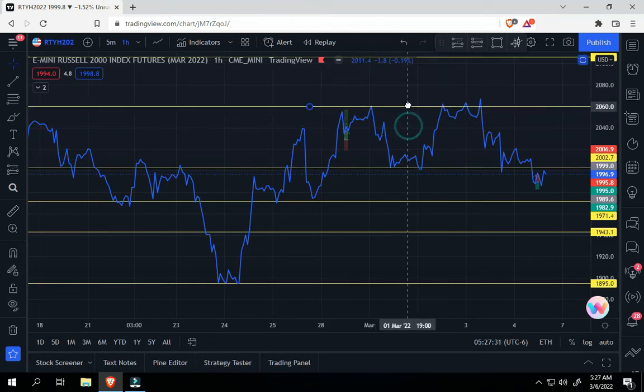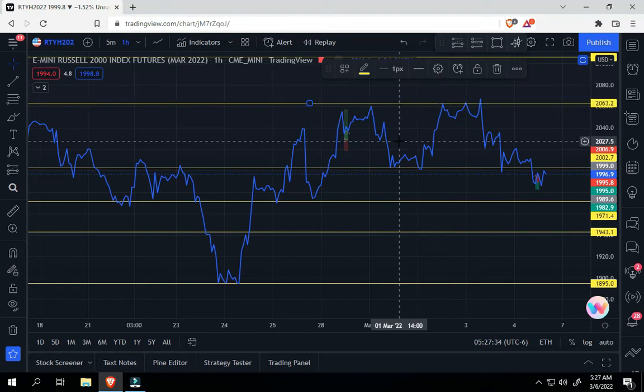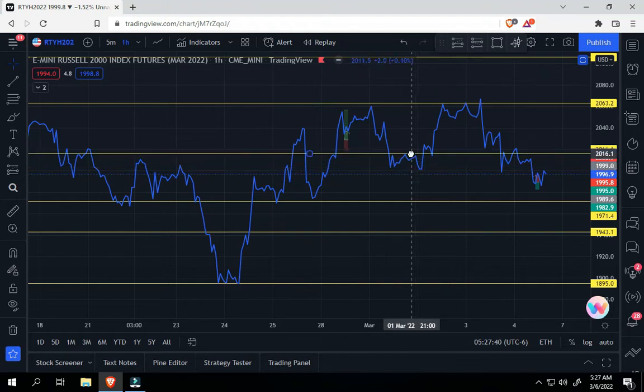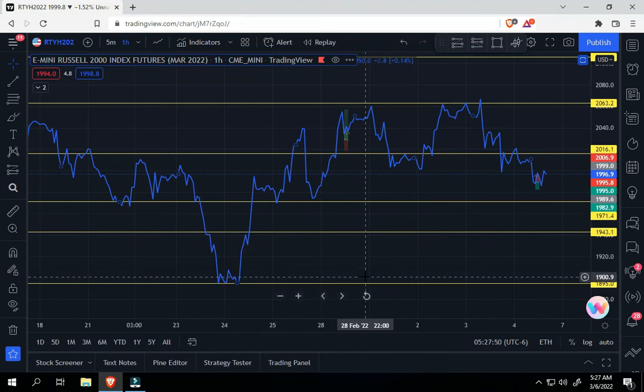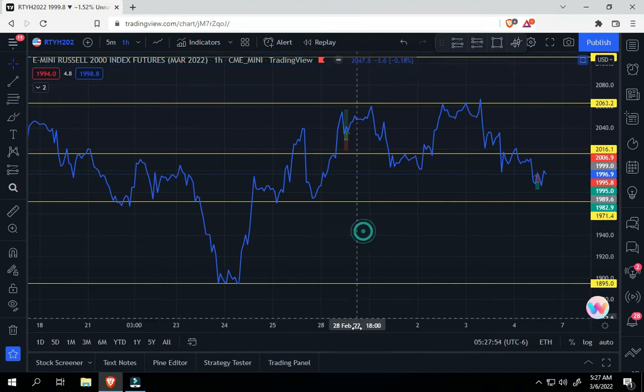You want to go to above the price and to below the current price. Let's see, yeah, I'm happy with that one. This one doesn't need to be there.